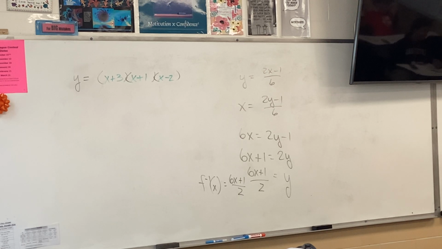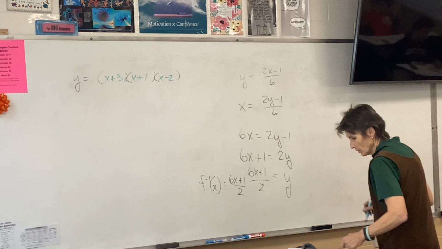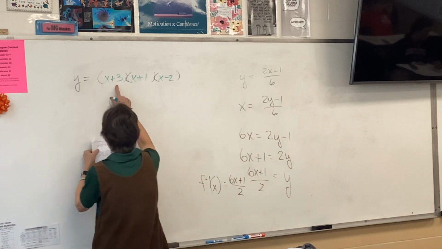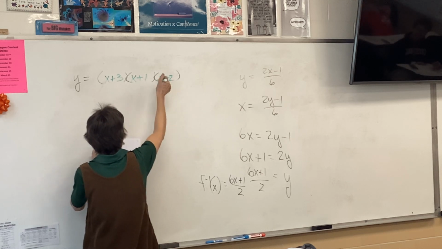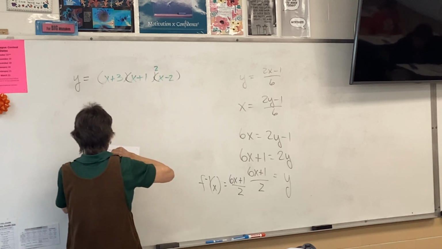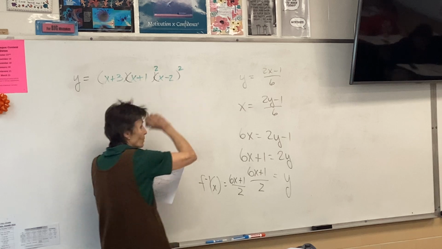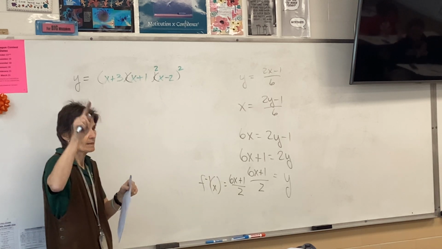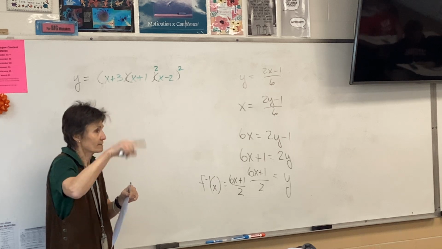Do they have powers on them? So I'm going to look at my picture. This one has no power. This one is squared, and this one is squared. And I know that because the curve is acting like a quadratic, it's a parabola, bouncing.